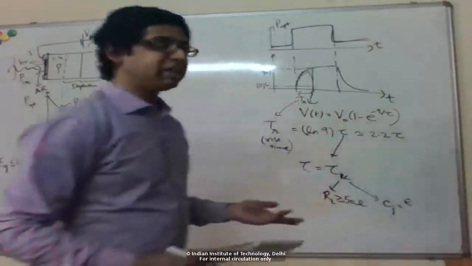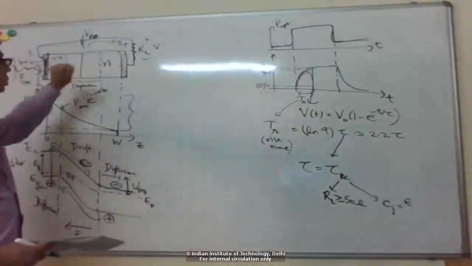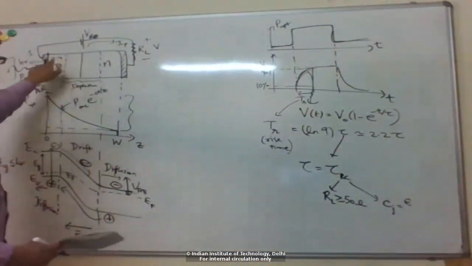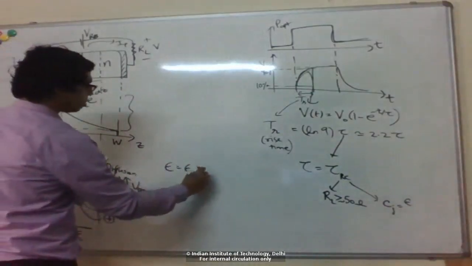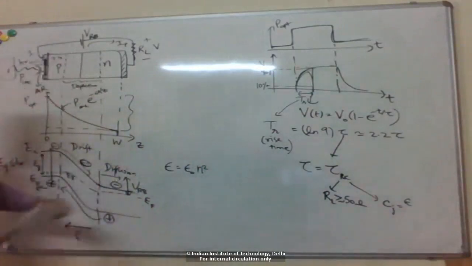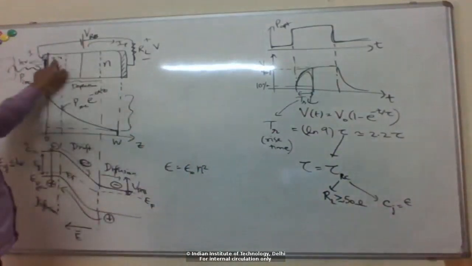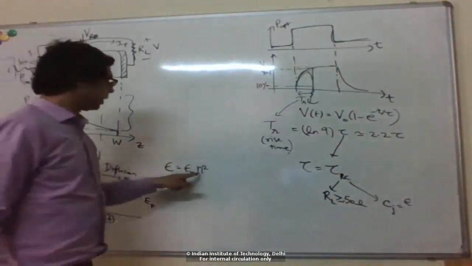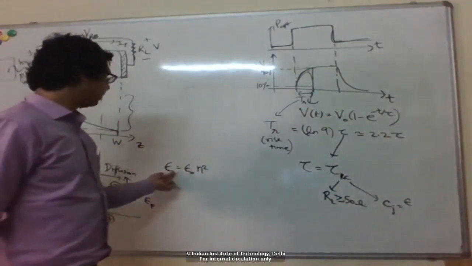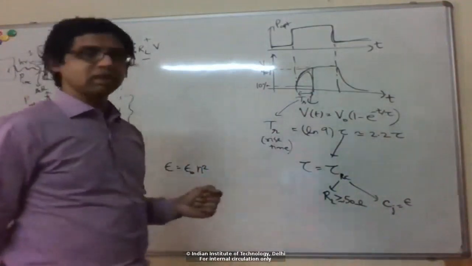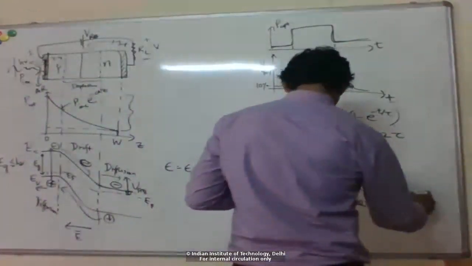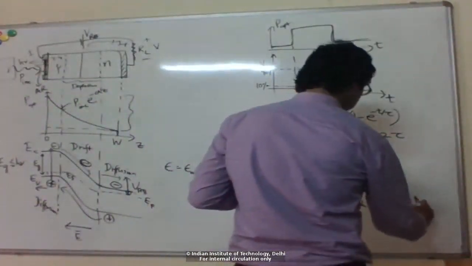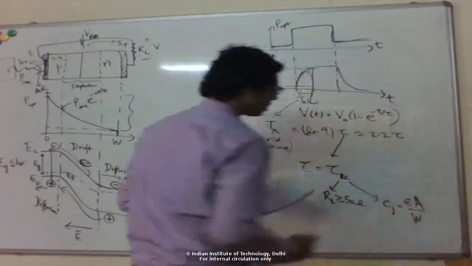Here, epsilon is the permittivity of the material. You know that epsilon is basically epsilon naught times the square of the refractive index, right? So n is 3.4, so the permittivity is roughly 10 times the free space permittivity. And then you have the cross-sectional area divided by the width.